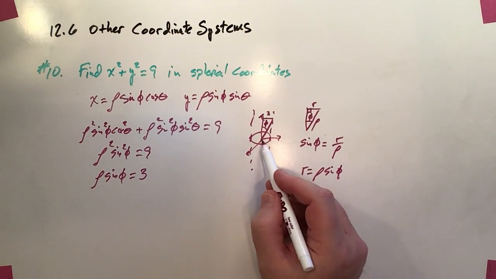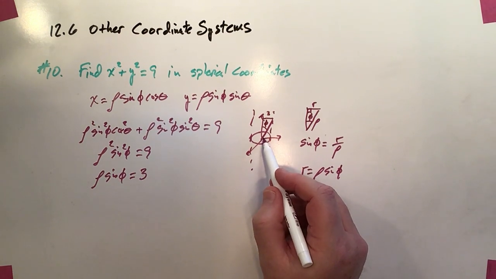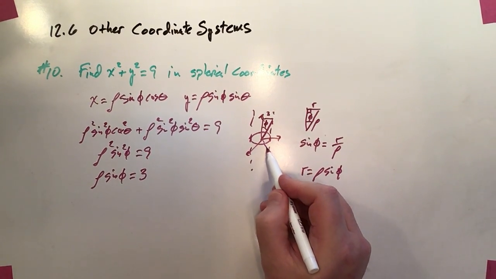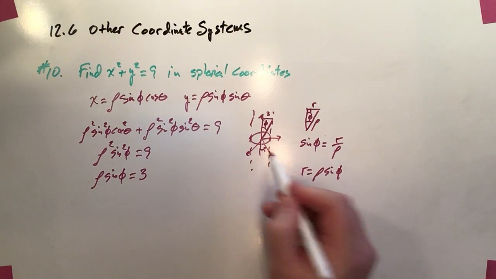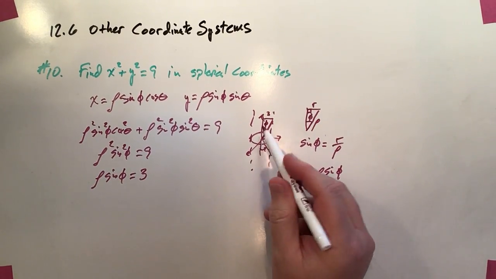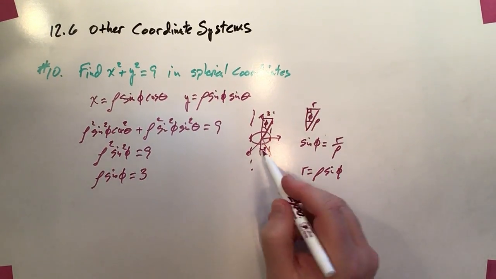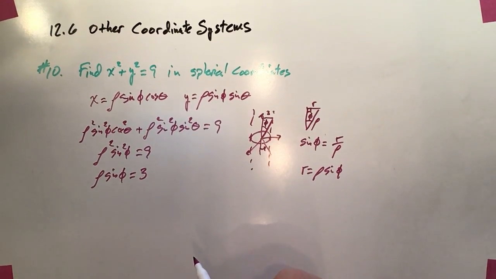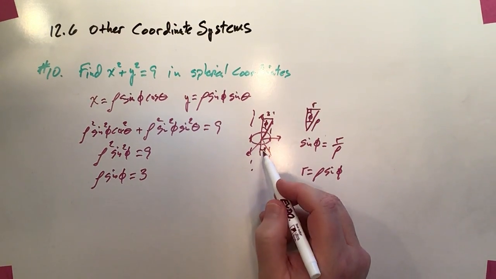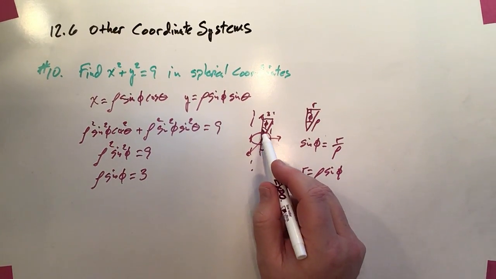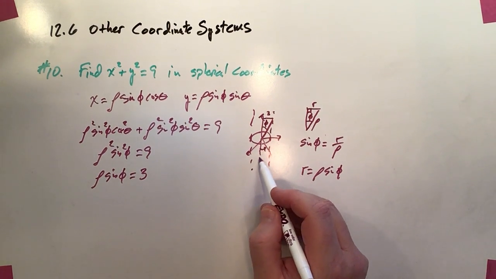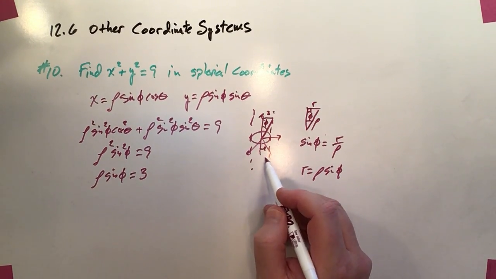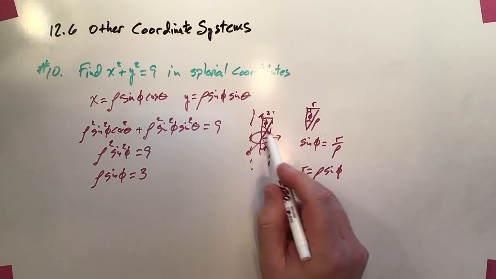As long as phi remains the angle between the rho direction and the z-axis, that can be either above the xy plane or it can be below the xy plane. And in both cases, these are basically measured in the same way. So each point is really two different points depending upon where rho is measured. Rho and phi are always measured from the positive z-axis. So as long as we allow the angle to march all the way through, these will be negative values for z, and these will be positive values for z.